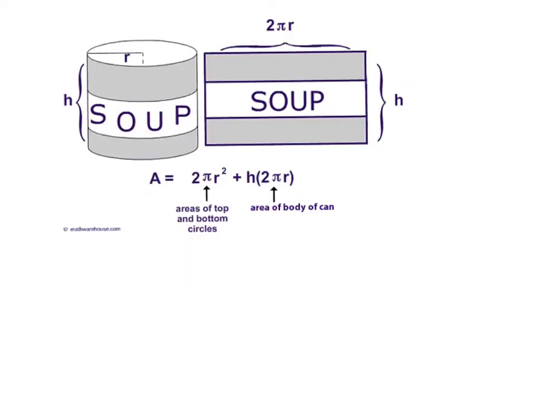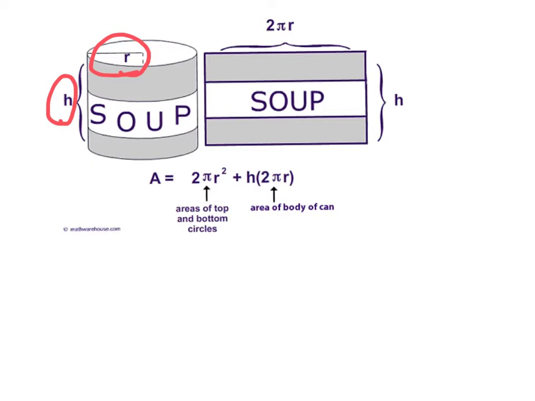All right, so here again we have a cylinder, this soup can. Notice that the cylinder has a height, and then the circular face, it doesn't matter which one you use, they both have the same radius, the same r right there. And again, if we were to snip this can and then lay it out flat, it would make a rectangle.